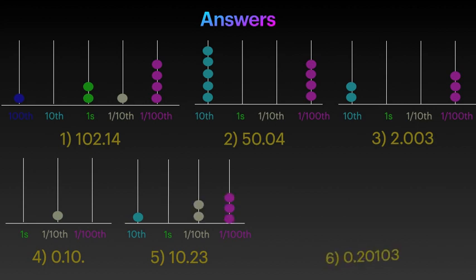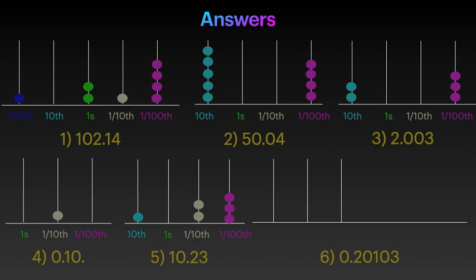Okay, now we are going to fill out the abacus. Our first digit is number 1. It has a place value of 100. So the first column gets 1 bead. Our next digit is 0. That means we don't use any beads in the tens column. The third digit is number 2. So it is the units column. The units column gets 2 beads. Here we have come to the decimal position.